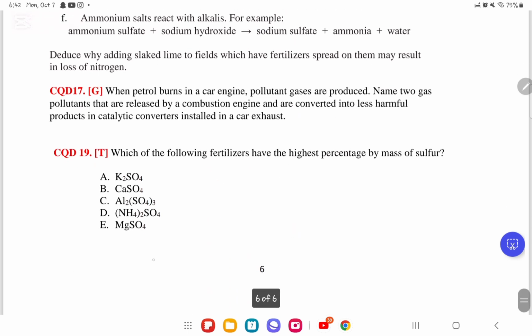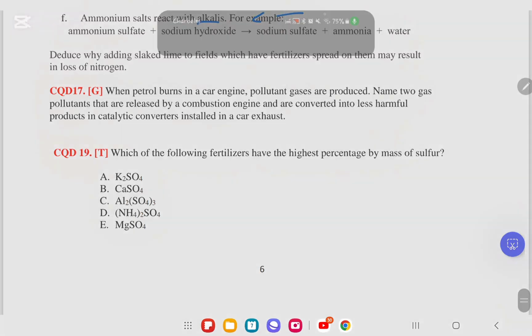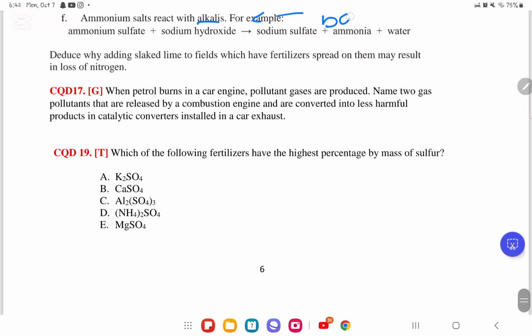Now part F. Ammonium salts react with alkalis, meaning bases. Ammonium sulfate plus sodium hydroxide gives us sodium sulfate plus ammonia plus water. Adding slaked lime to fields which have fertilizers spread on them may result in loss of nitrogen. Now, I don't know if you know this, but slaked lime is Ca(OH)2, and it is an alkali.